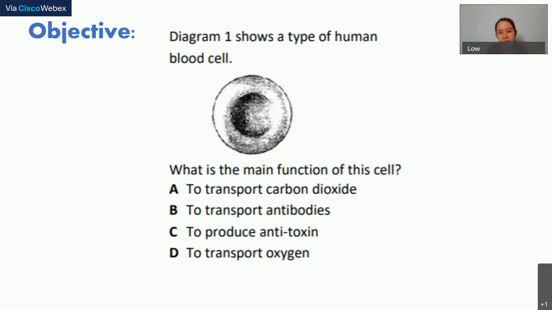Transport carbon dioxide, transport antibodies, produce antitoxins, or transport oxygen? So what's the answer? Yes, the answer is D, to transport oxygen.